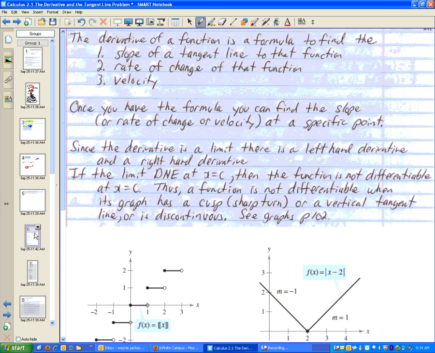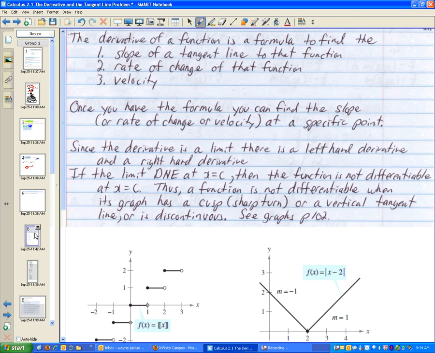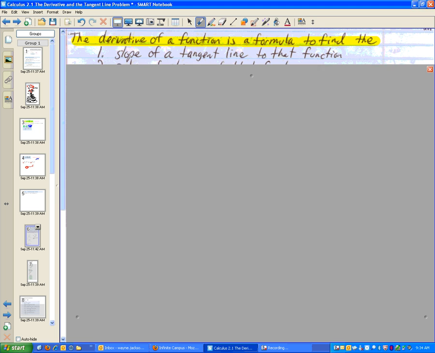All right, now, you need to put this down in your notes. The derivative of a function is a formula to find the, and then there are three things. The derivative of a function is a formula to find the slope of a tangent line to that function.